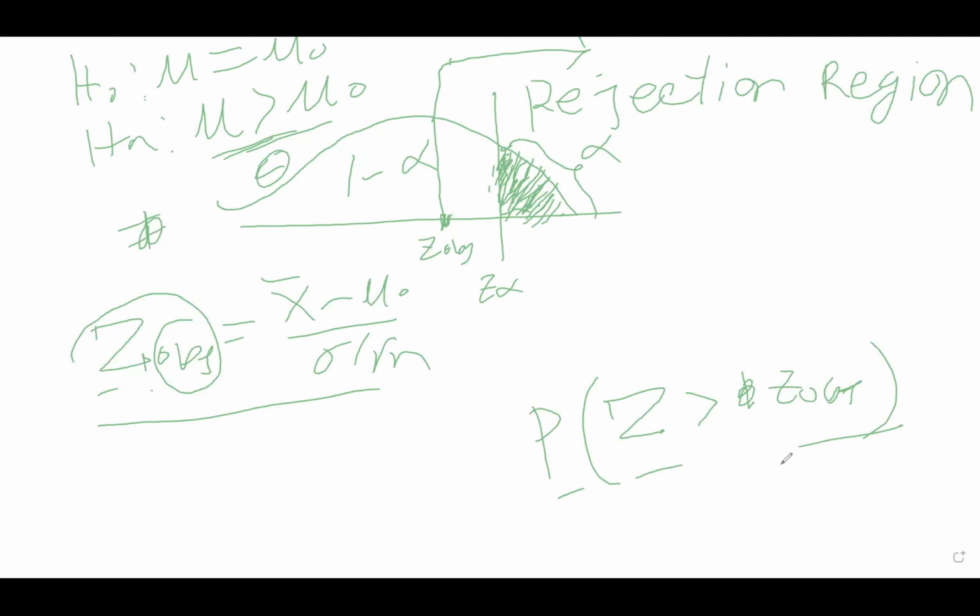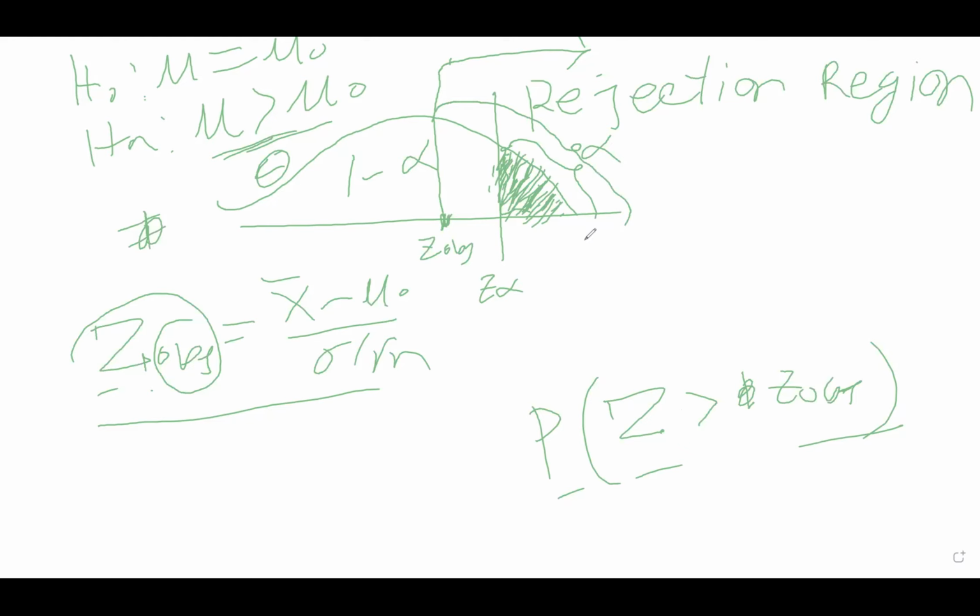Let's compare the area with alpha. This area is alpha, and the probability of Z greater than Z observed is this area. So it is clearly greater than alpha, right? Yes, this is greater than alpha.